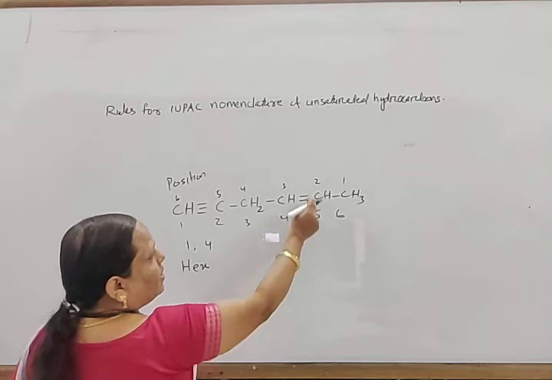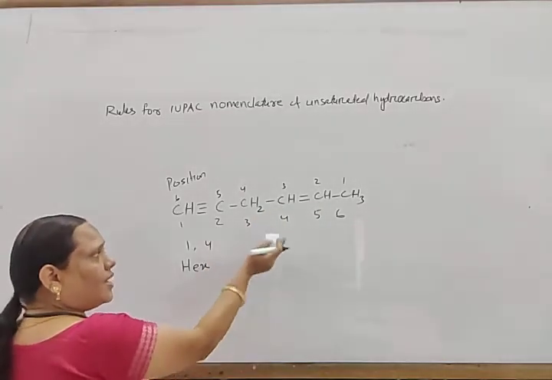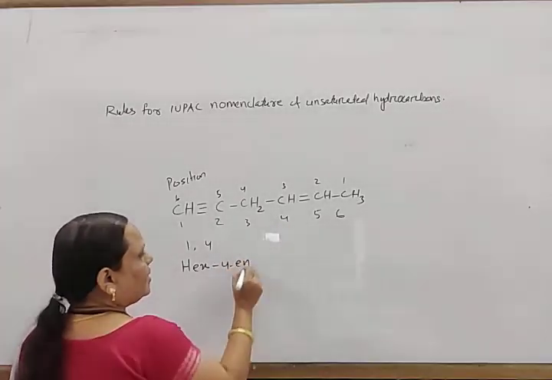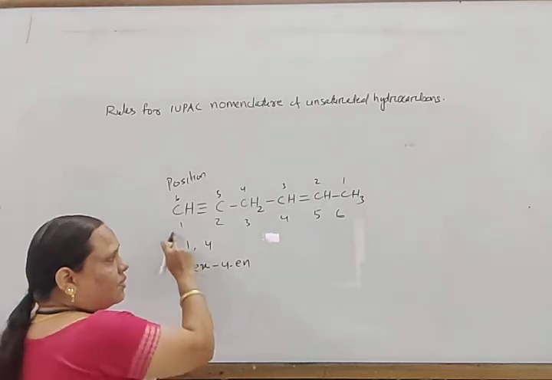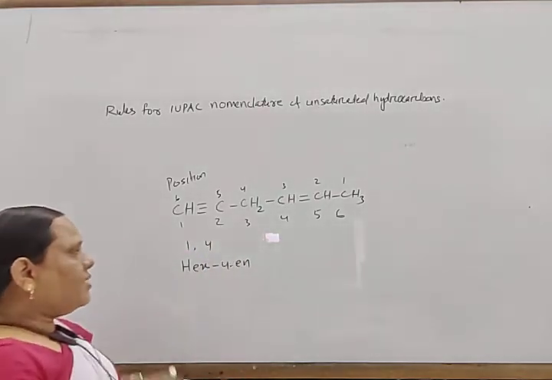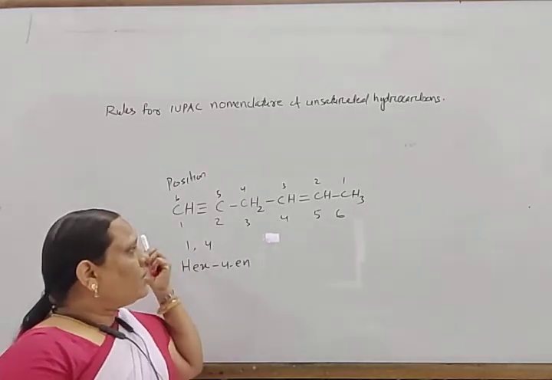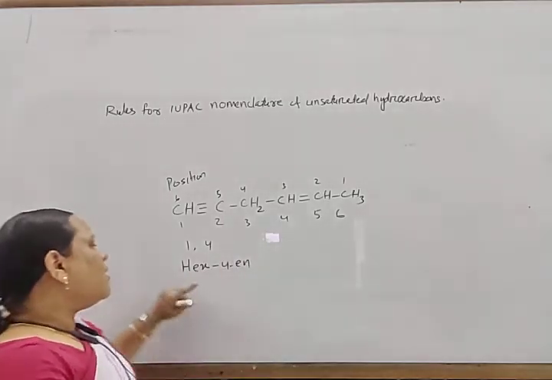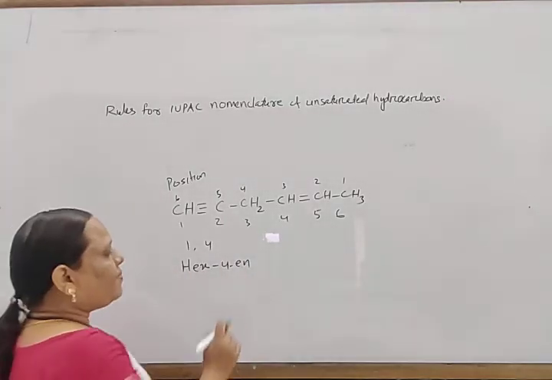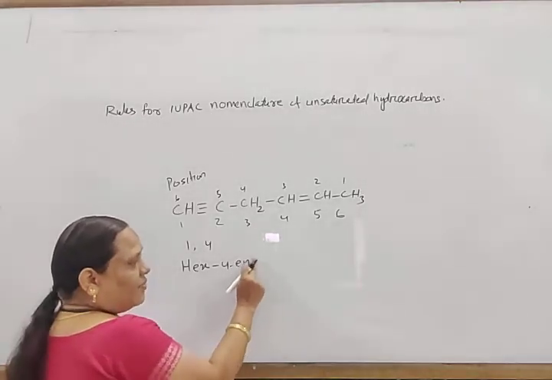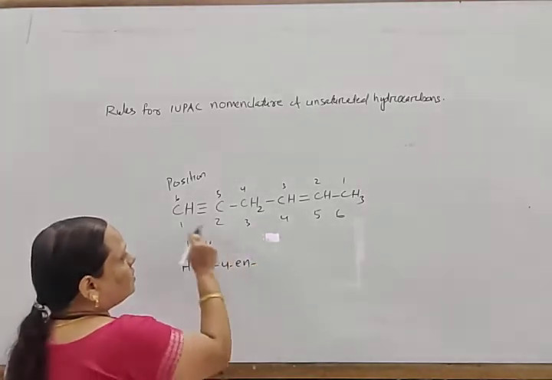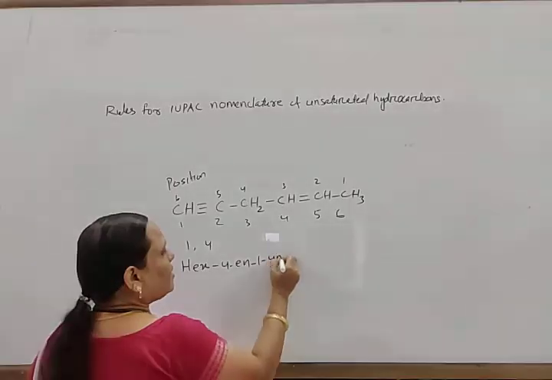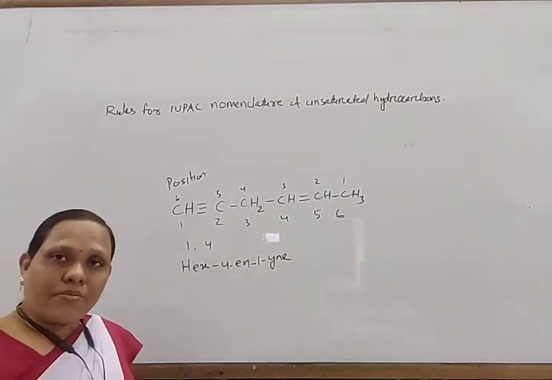Then first write ENE, then YNE. So hex, 4-en, selecting the lowest set of locants. Then the last E of ENE is dropped, and the position of the triple bond is 1. Hex-4-en-1-yne. This is the name of the compound.